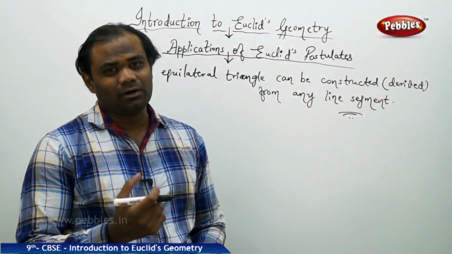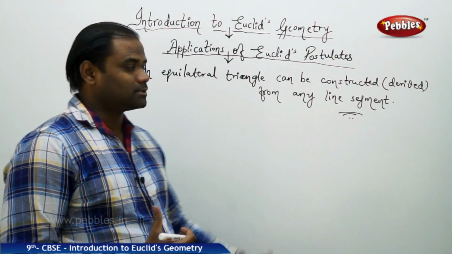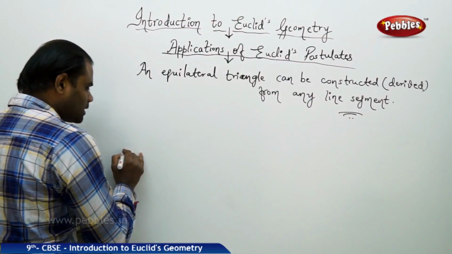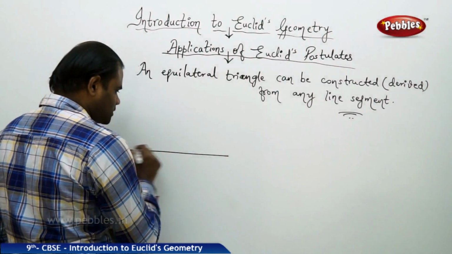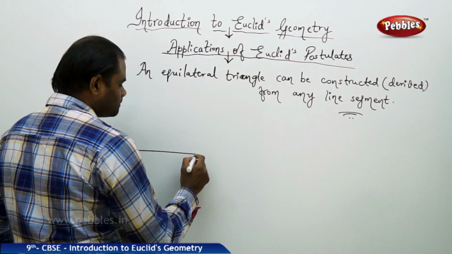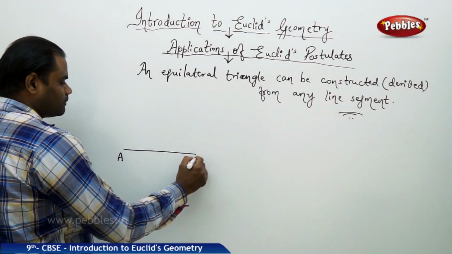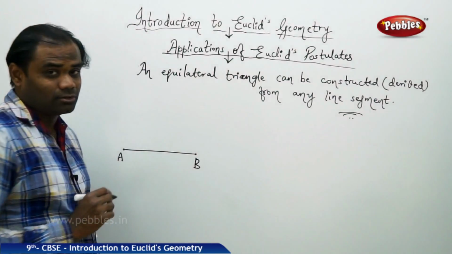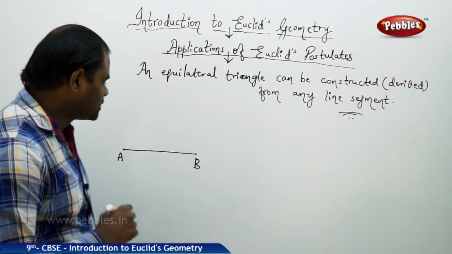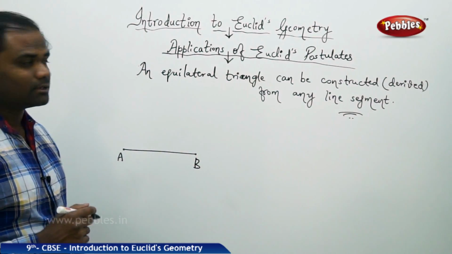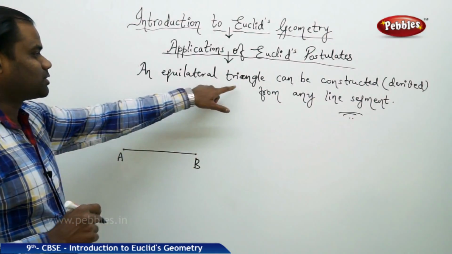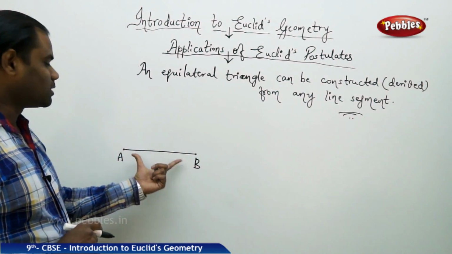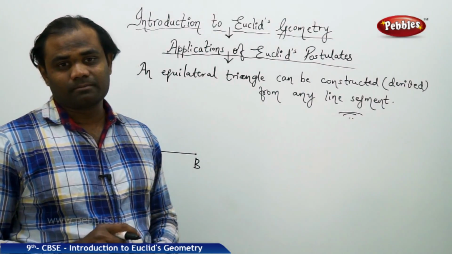So let's see how we use the postulates in this. Euclid took a fixed line segment AB, a terminated line, as he used to call it during his times. He took the terminated line AB and then tried to construct an equilateral triangle using this dimension AB.